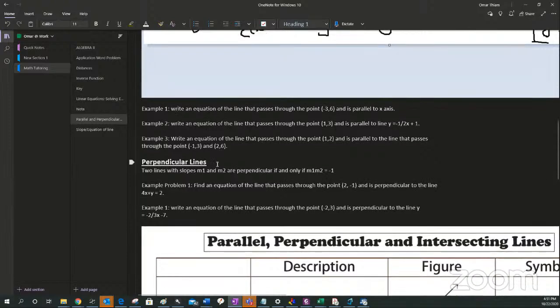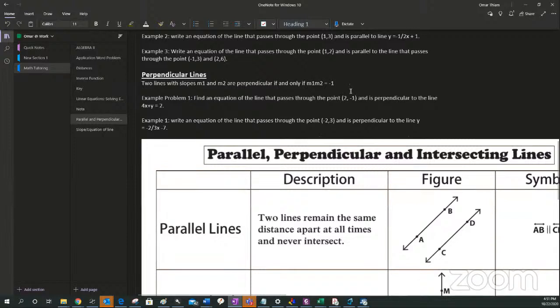All right. So perpendicular lines. Two lines with slope 1 and slope 2 are perpendicular only if slope 1 times slope 2 is equal to -1, right? So we have example problem 1, and I can try that one as well.